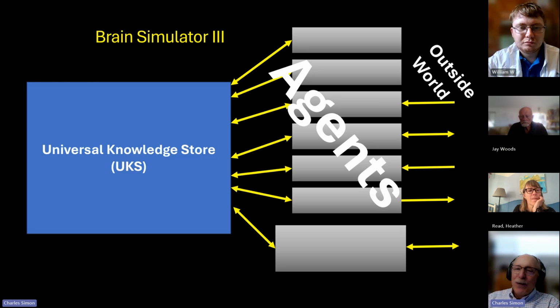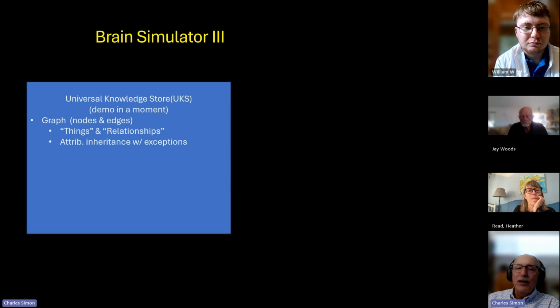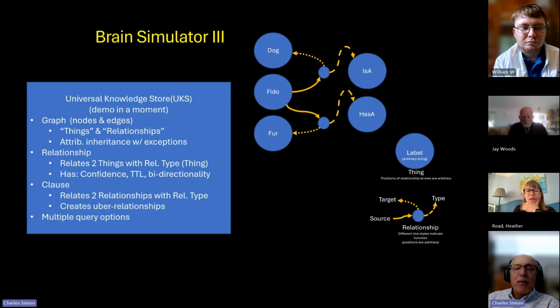So a lot of things are written as agents that maybe shouldn't be, and could be written somewhat differently. The universal knowledge store is a graph of nodes and edges, and the nodes are called things and the edges are called relationships, and I'll show all of that in a moment. It supports attribute inheritance with exceptions inherently.